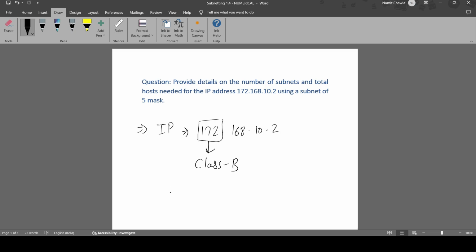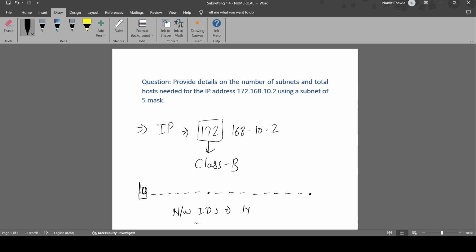The first 2 bits are 1 0, and then you have 6 bits, dot, 8 bits. So these two are fixed, and we are left with 14 network bits. So the network IDs are 14.